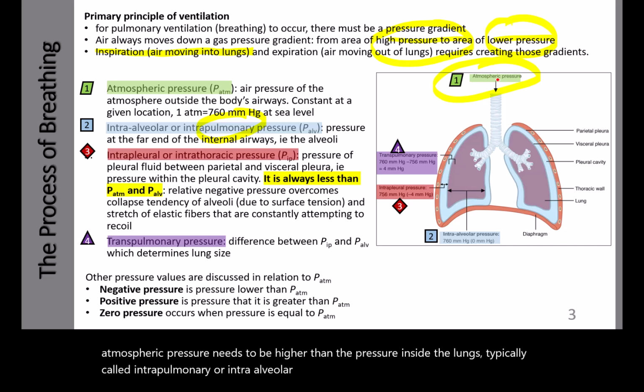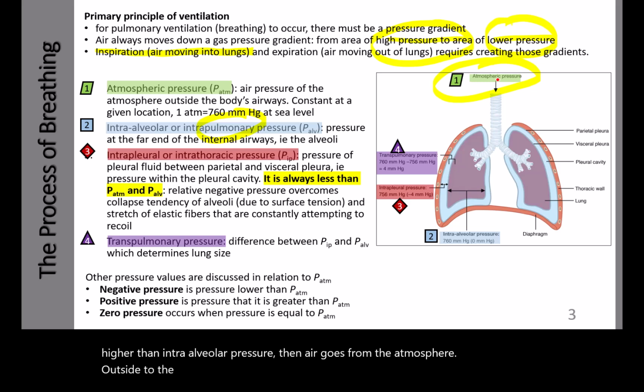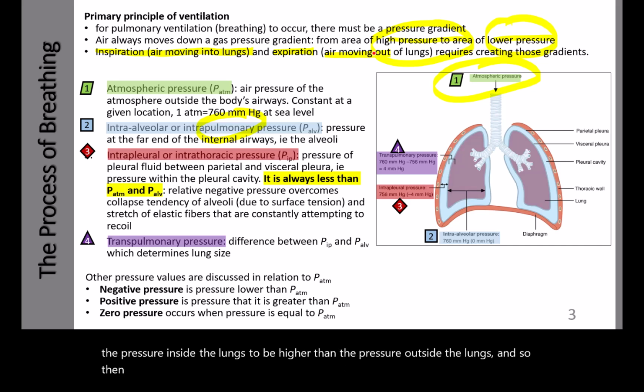And so if atmospheric pressure is higher than intraalveolar pressure, then air goes from the atmosphere outside to the alveoli inside. When we breathe out through a process called expiration or exhalation, we need the reverse to occur. So in expiration, we need the pressure inside the lungs to be higher than the pressure outside the lungs. And so then air moves from inside the lungs to outside, higher to lower, right?